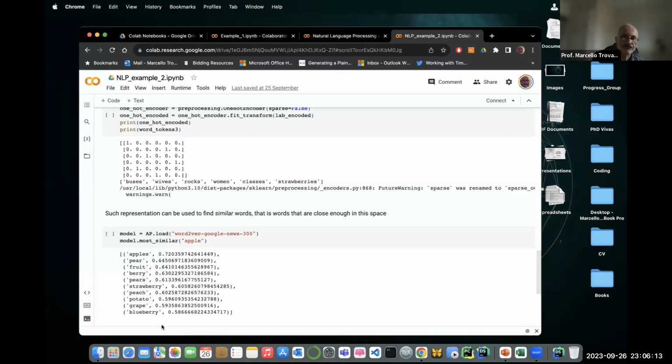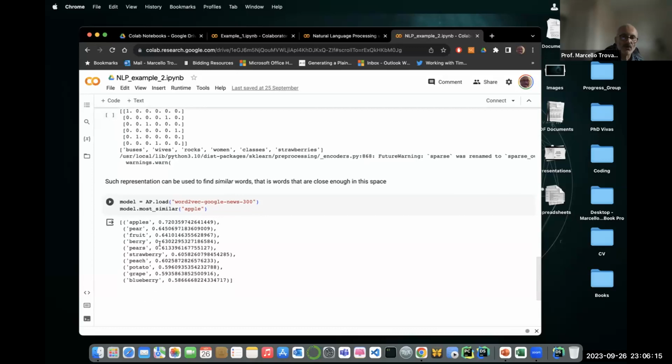Based on these mathematical attributes, we can find similar concepts. They sit close to apple in this space. Not surprisingly, apples is quite similar, although as you can see, it says the similarity is about 72%.